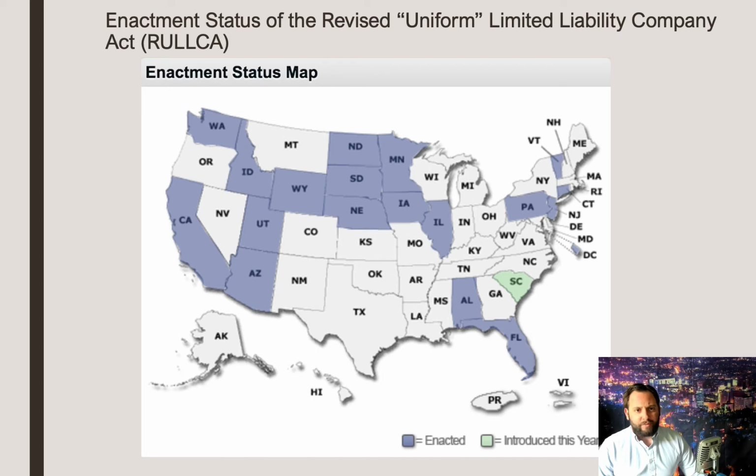Speaking of establishment of choice, there have been efforts to make uniform the state LLC law. It has not been particularly successful. As you can see here, the Uniform Limited Liability Company Act was first promulgated in 1996. The revised act in 2006 has not been widely adopted.